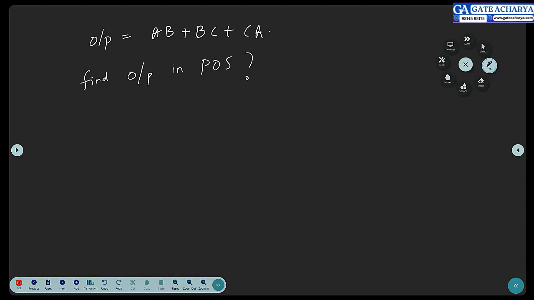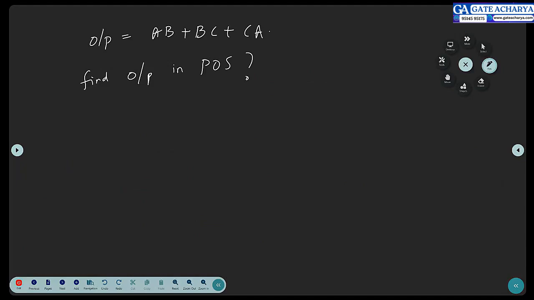SOP given, POS asked. How will you solve this question? SOP given, POS asked. Not a randomly made up question.